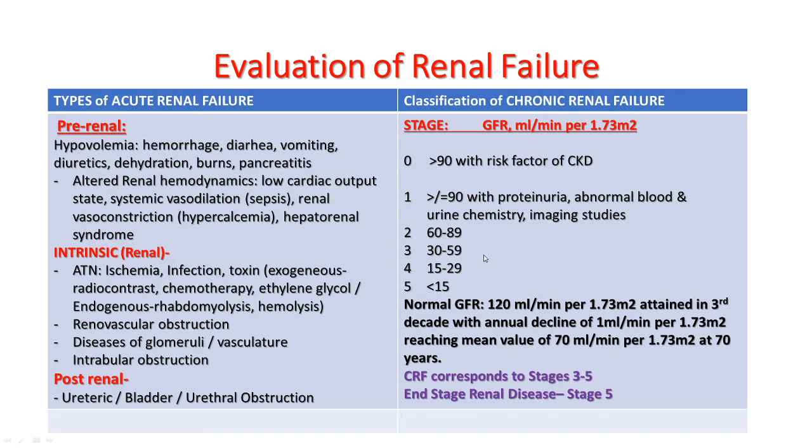Stage 2 is 60 to 89 ml per minute GFR, and stage 3 is 30 to 59 ml per minute, whereas in stage 4 the GFR is 15 to 29 ml per minute, and stage 5 is less than 15 ml per minute. Now the chronic renal failure corresponds to stage 3 to 5, whereas end stage renal disease is stage 5, where the GFR is less than 15 ml per minute.